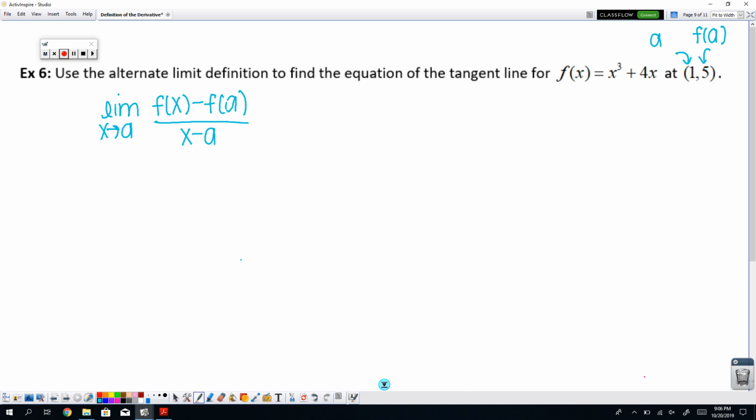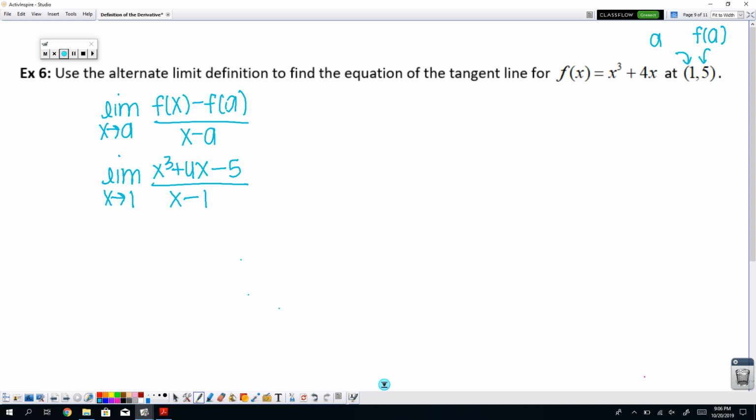So if you were to do this, you would say f of x, so that's the limit as x approaches a, or x approaches 1, of x cubed plus 4x minus f of a, which is 5, all over x minus a, which is 1.